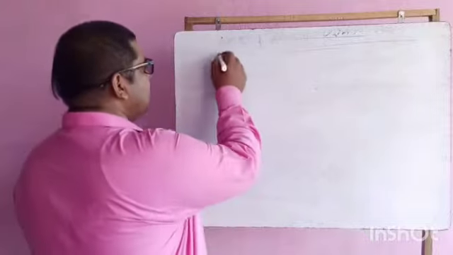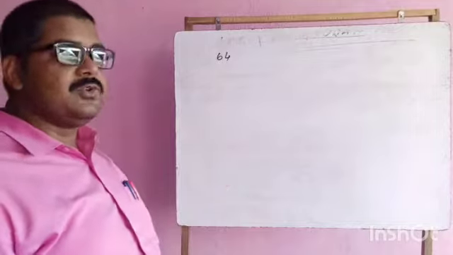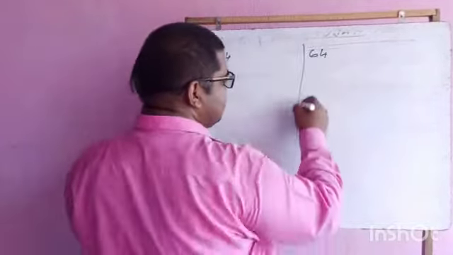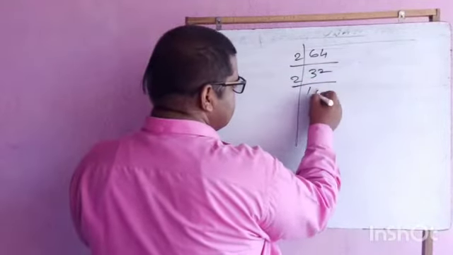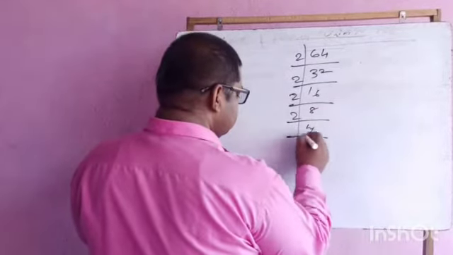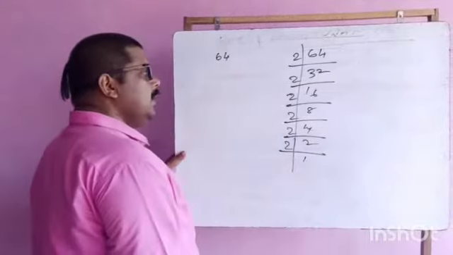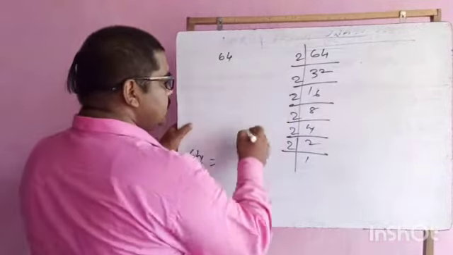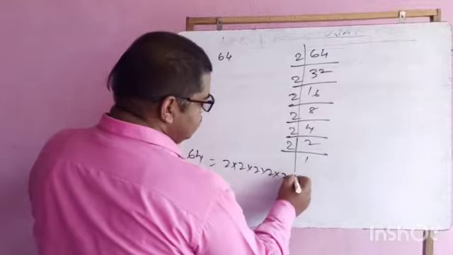64 has been given, and you have to check whether it is a perfect cube or not. You can do that by the prime factorization method. You can see that 64 can be written as 2 into 2 into 2 into 2 into 2 into 2.